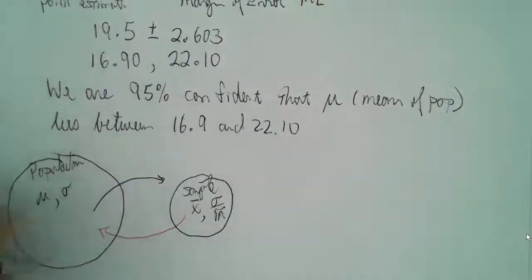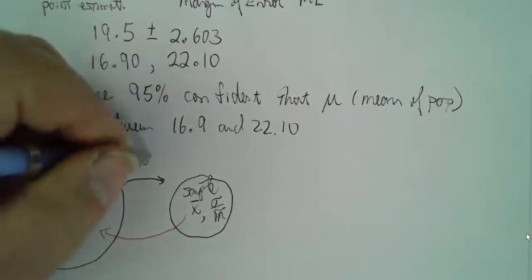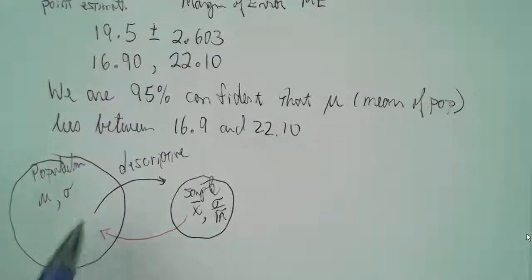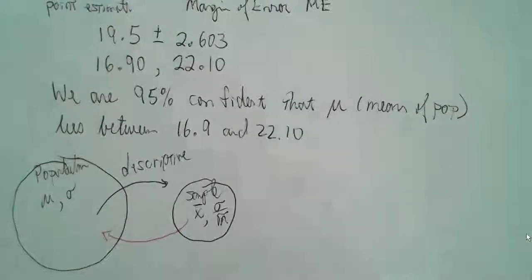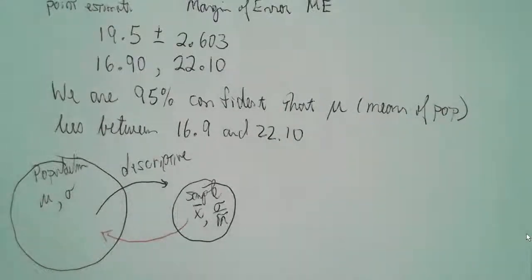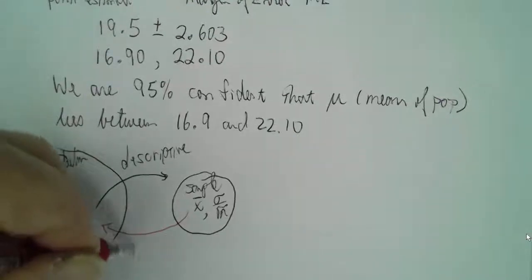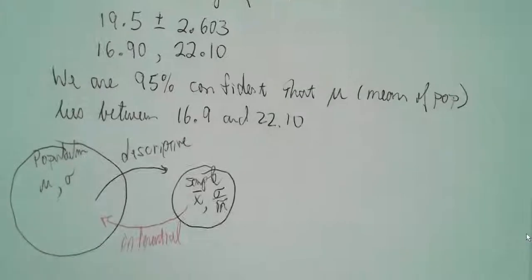When you're going in this direction, you're doing what is called descriptive statistics. So we are simply describing what's happening in this population, and we can say something about what would probably happen in a sample. When you're going in this direction, this is what people usually mean when they talk about inferential statistics.